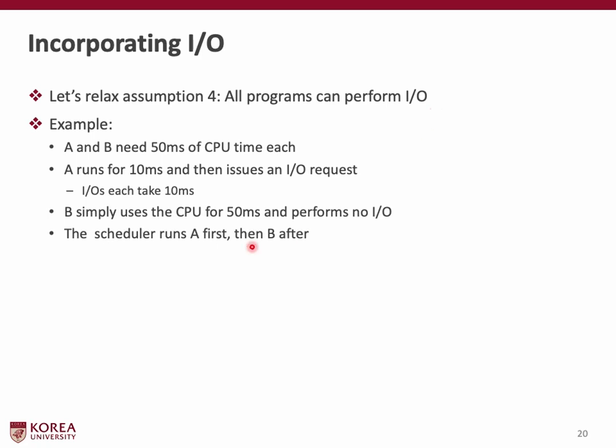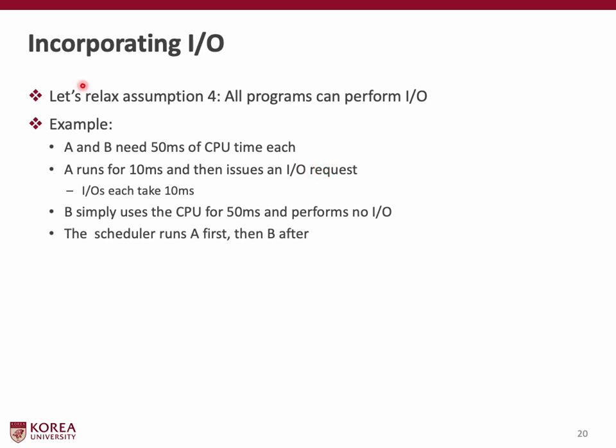Okay, then let's see how I/O affects scheduling with a concrete example. We have two jobs, A and B, and both require 50 milliseconds of CPU time in total. But they behave differently. Job A runs for 10 milliseconds and then performs an I/O operation that takes 10 milliseconds.